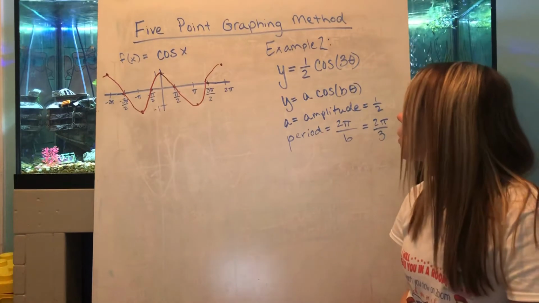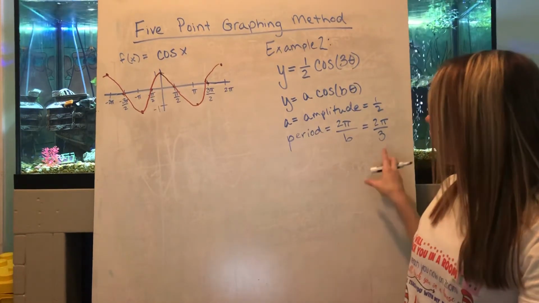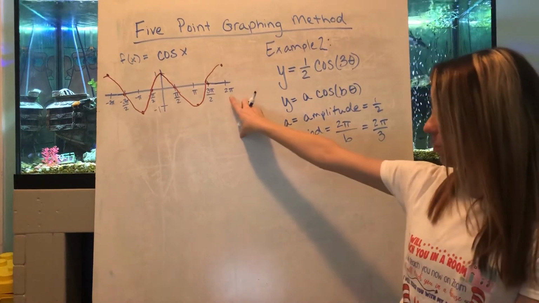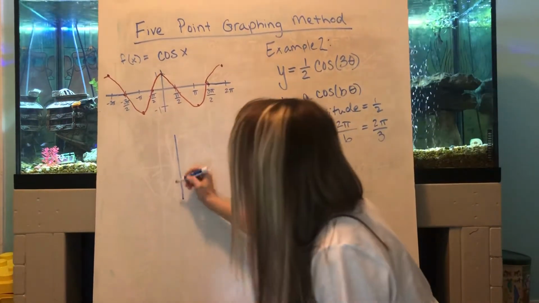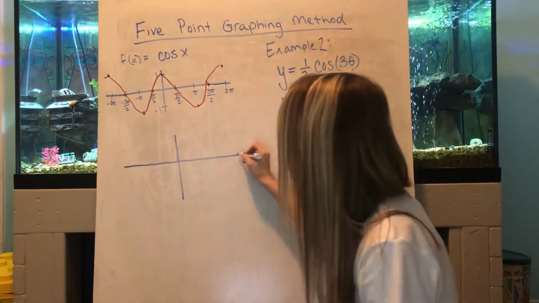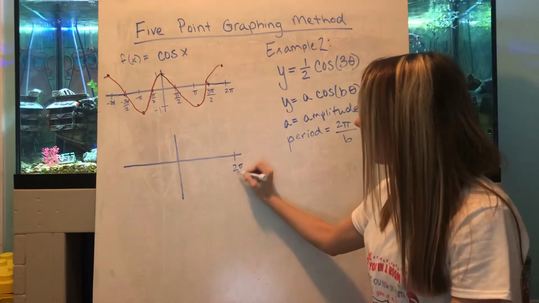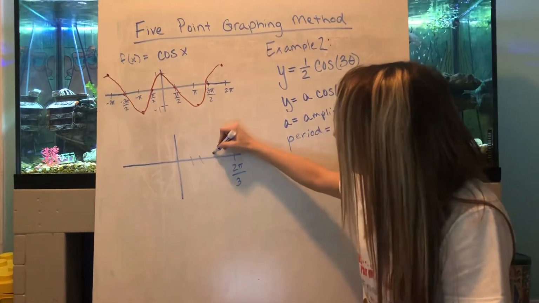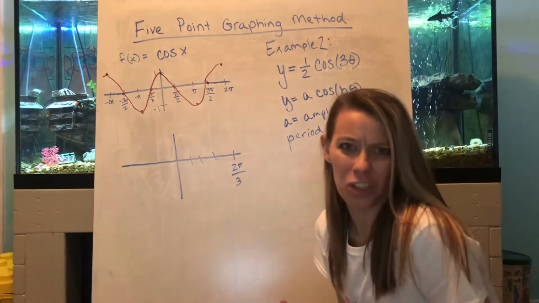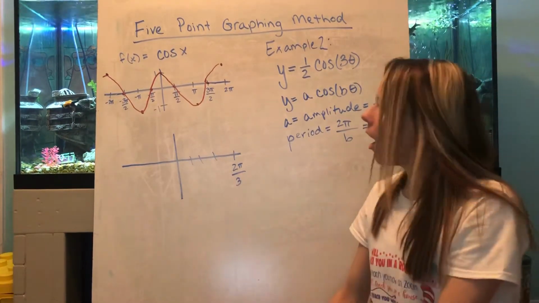Okay, so first thing we need to do is figure out, instead of going out 2 pi, whenever I make my new graph, a full period, a full cycle will be completed in 2 pi over 3. So I have 1, 2, 3, and it's split into 4 sections. I need to figure out how to split these 4 sections.